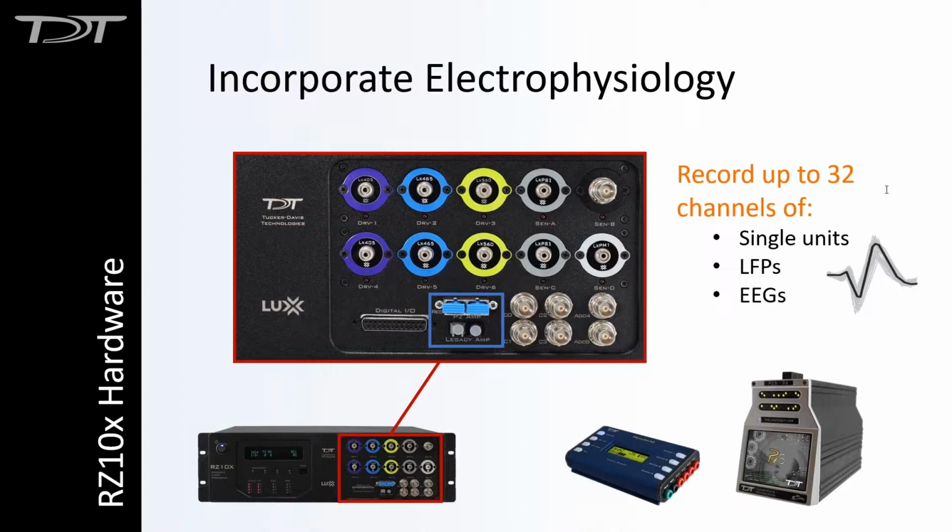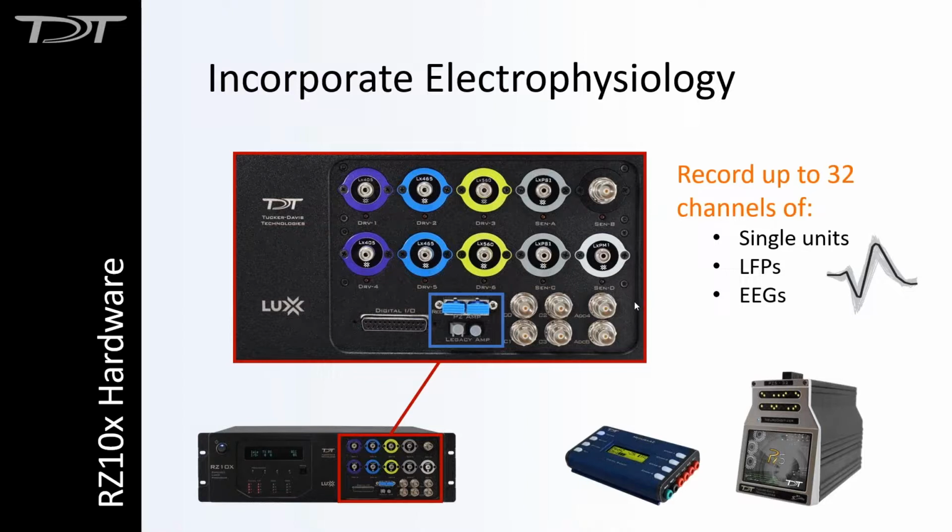So the main differences, let me think what's the best way to break that down. For the upgrade, we can upgrade a previous RZ5P. The front panel is going to change completely, and you're going to have the ability now to plug in your LUX LEDs, the LUX photosensors, and the power meter.